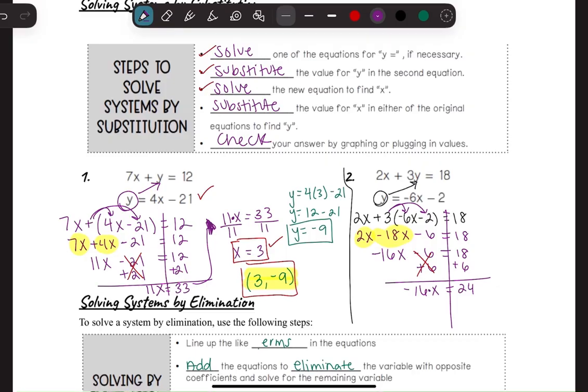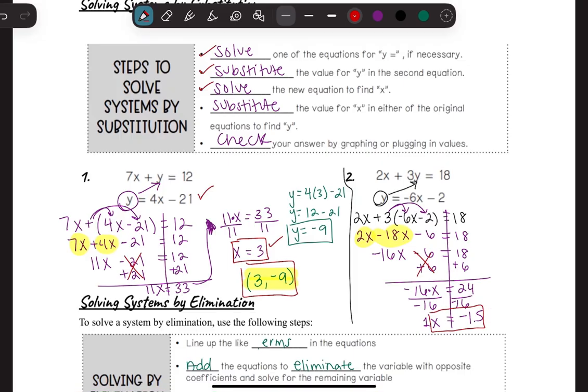So I'm going to divide negative 16 both sides. So negative 16 divided by negative 16 is just 1x. 24 divided by negative 16 is a negative 1.5. So my x value is negative 1.5.